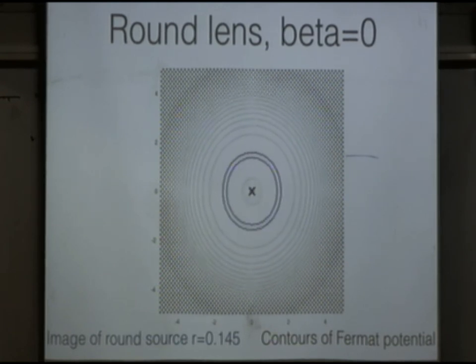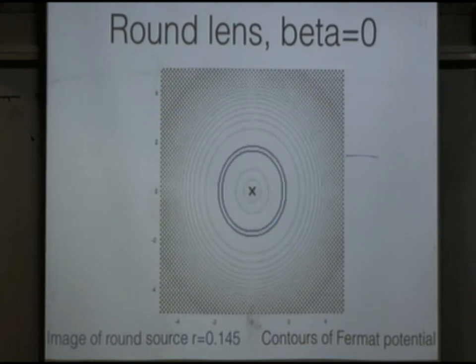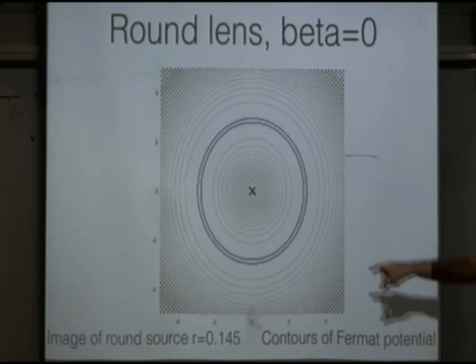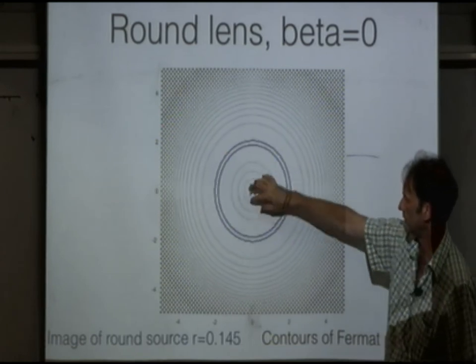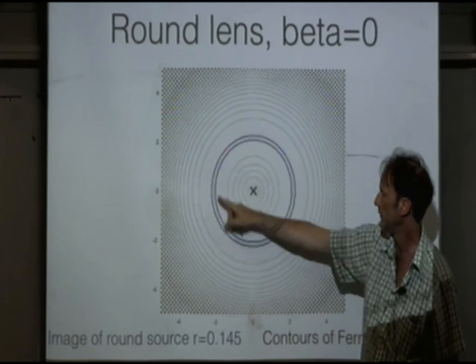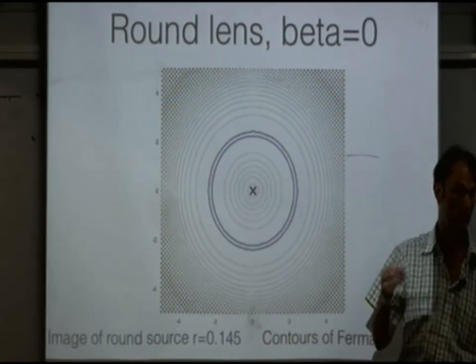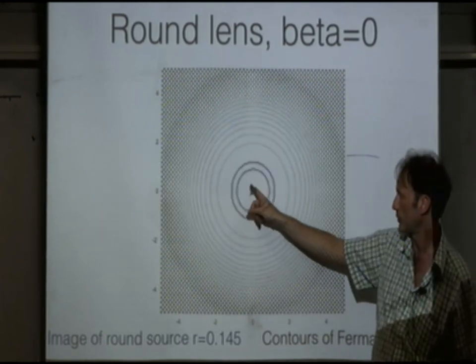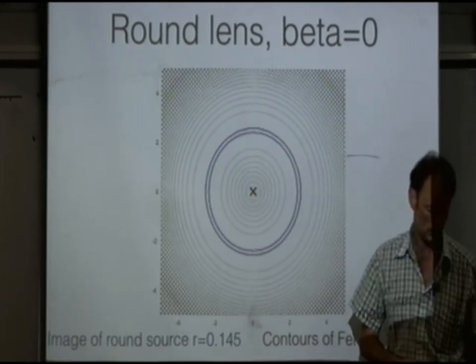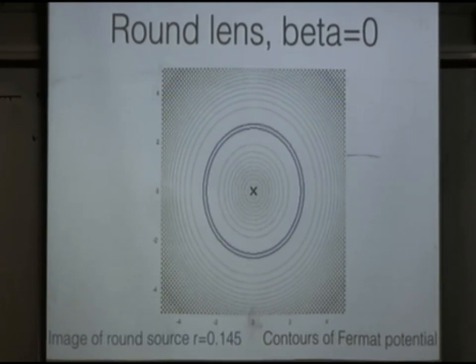And as you turn up the lens, then again you see this peak appearing in the middle. The darker this, the higher this one. Think of it sticking out of the board. And then the minima you see here. And in blue, I've shown you the location of the image of a source that I've put here in the middle. So this shows that the images are indeed at the stationary points.